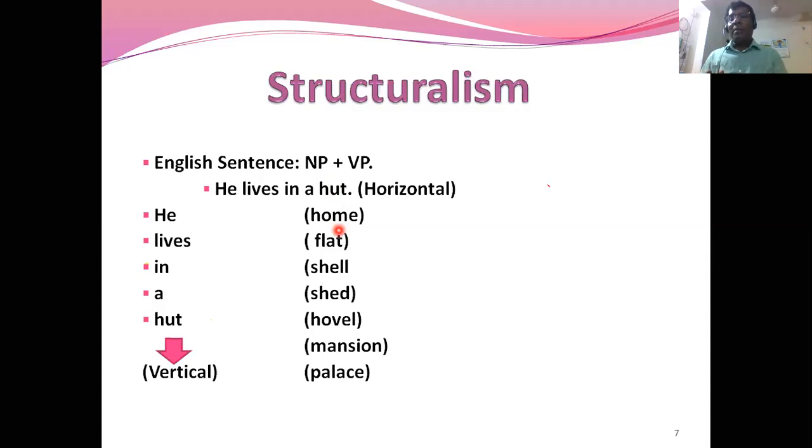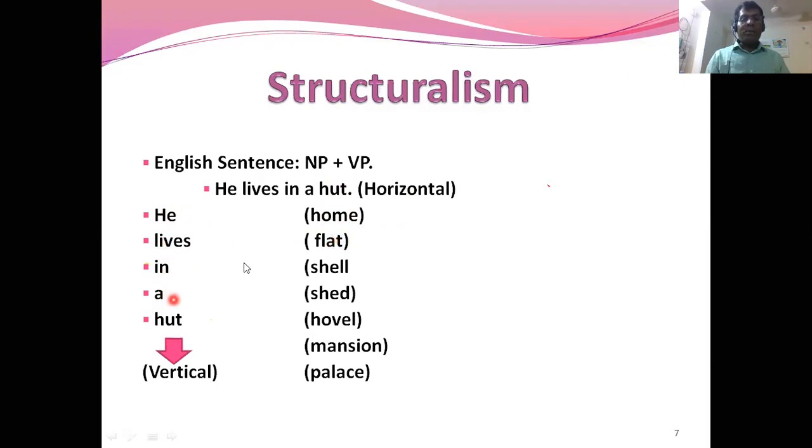The two sentences have two different meanings. The first sentence is telling me that that person is very poor, and that is why he lives in a hut. And the second sentence is telling that man is not that much poor. He lives in a home. If I say he lives in a flat, then what does it mean? That man is richer than this man and that man, and this sentence is a different meaning.